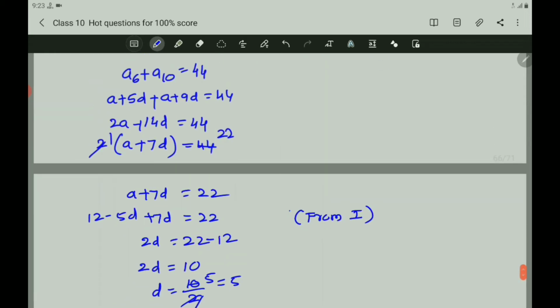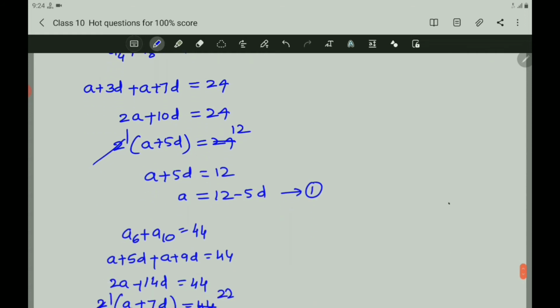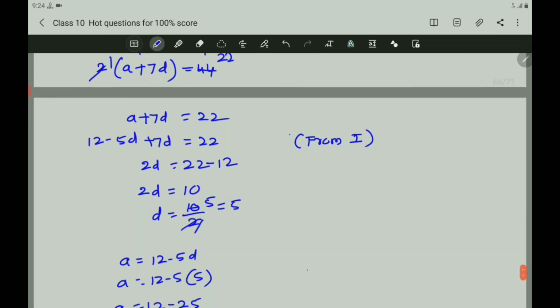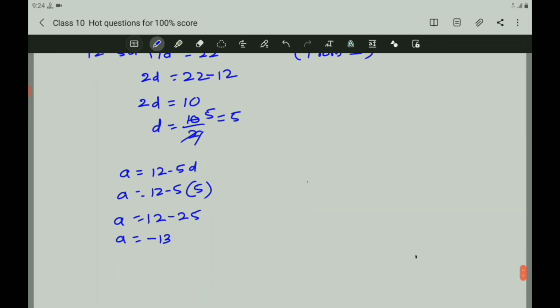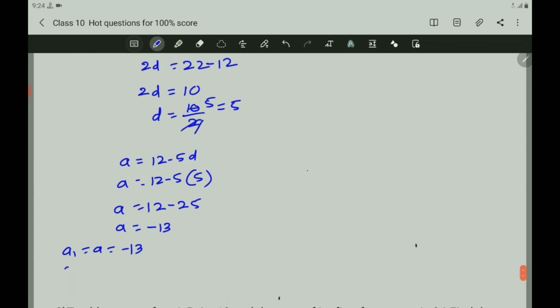What is the question here? Write the first three terms. So the first term: A1 is A, that is minus 13. Then A2 is A1 plus D. A1 is minus 13 plus 5.